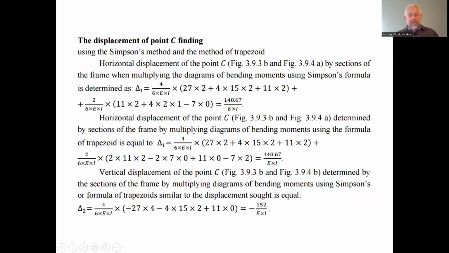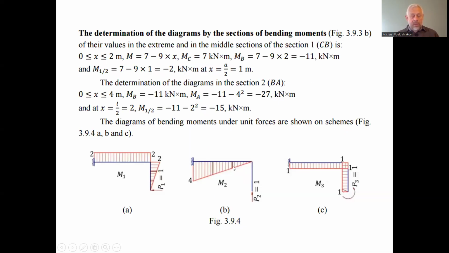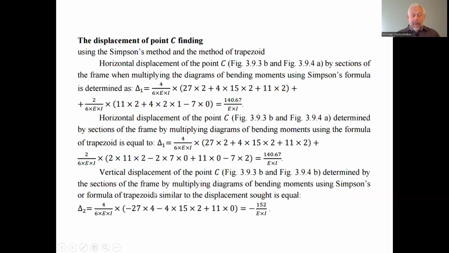And plus 11 multiplied by 2. 11 is the magnitude on the left end of the bending moment diagram of the first element AB under the external load, and 2 is the magnitude of the bending moment diagram under the action of a unit force applied at point C in the direction we look for the displacement of the point C.